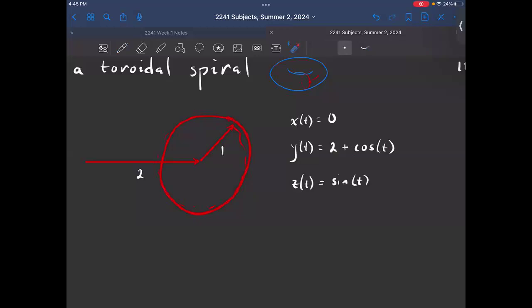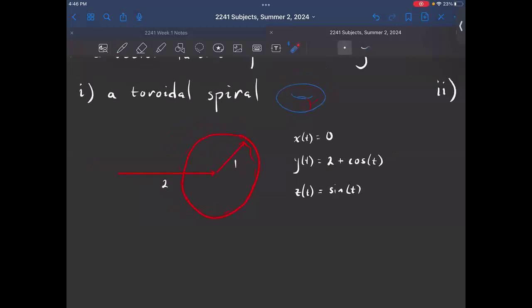Okay, so what do we want to do now? Well, we want to rotate this all the way around the XY plane. And we want to think of the range of values, the range of radii going from 2 - 1 to 2 + 1.